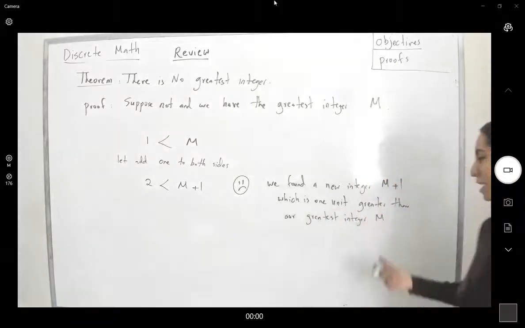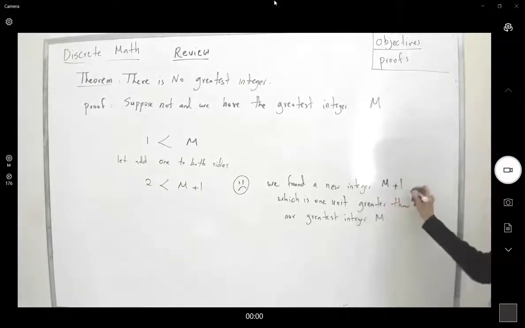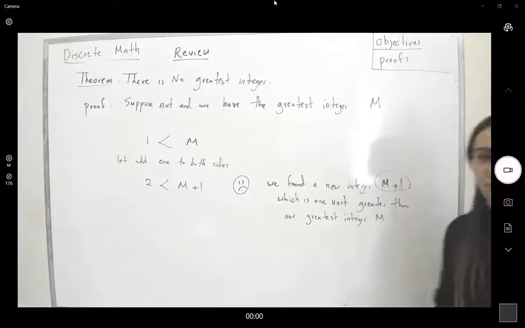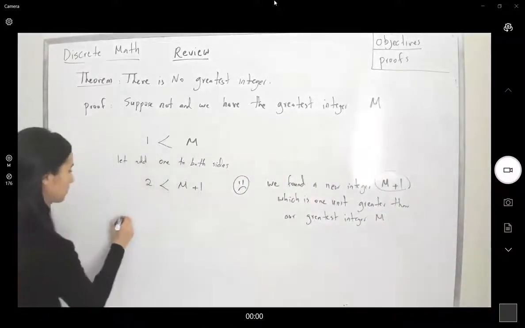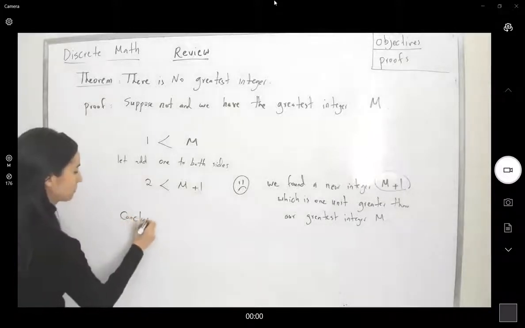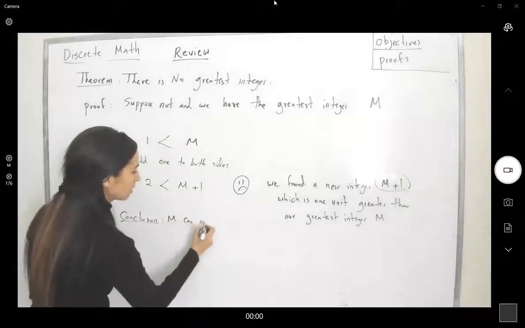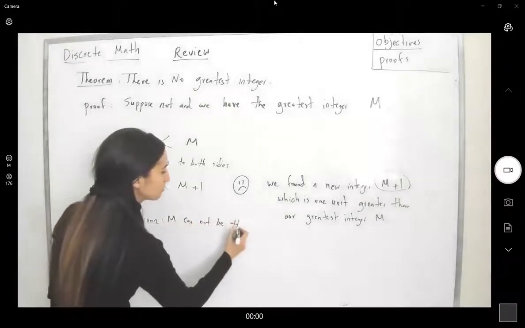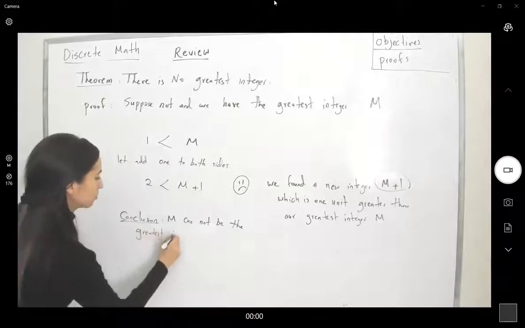So it means that m is not the greatest integer. We found another number which is greater than our greatest integer. So the proof is done. Conclusion: m cannot be the greatest integer.